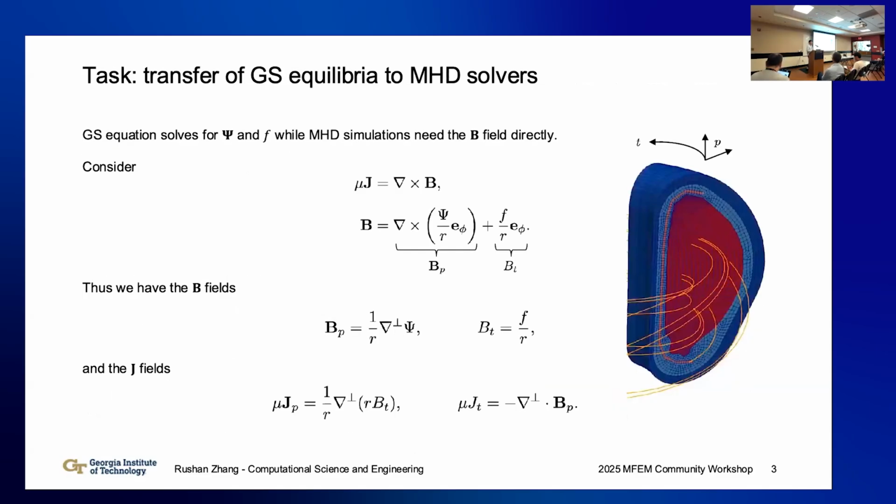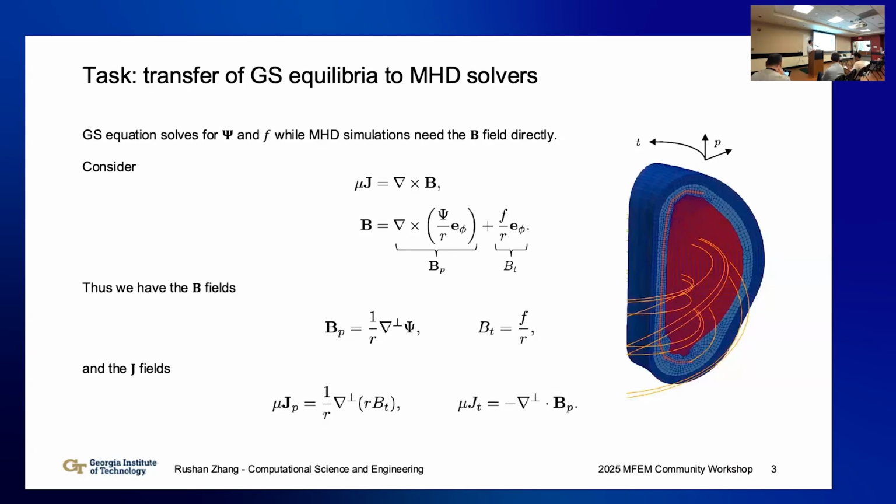The task of our project now is that we want to transfer our GS equilibria to MHD solvers. When we are doing an MHD simulation, we usually start from an equilibrium, and this equilibrium is usually obtained from a GS solver.